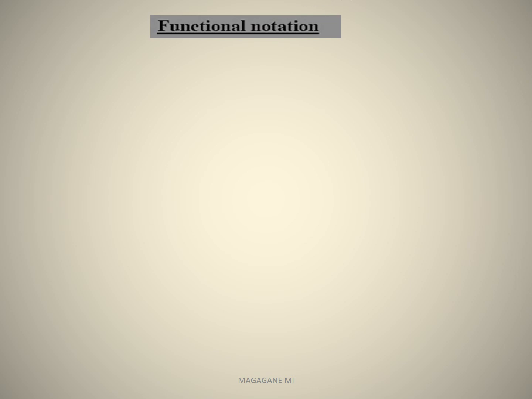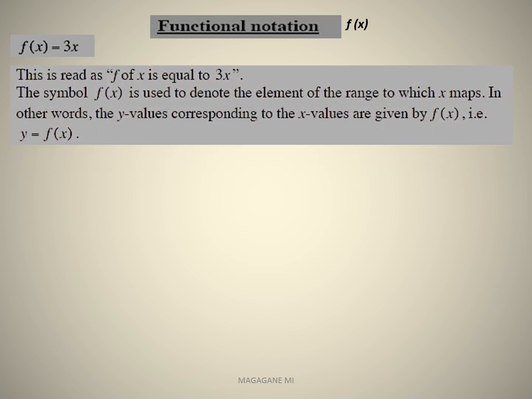Let's also look at function notation. f of x equals 3x. This is read as f of x equals 3x. The symbol f of x is used to denote the element of the range to which x maps.